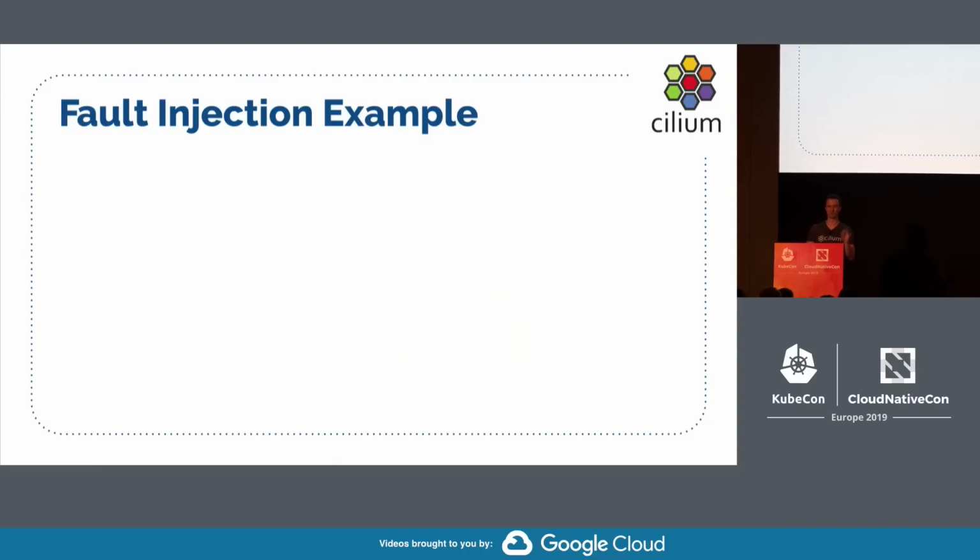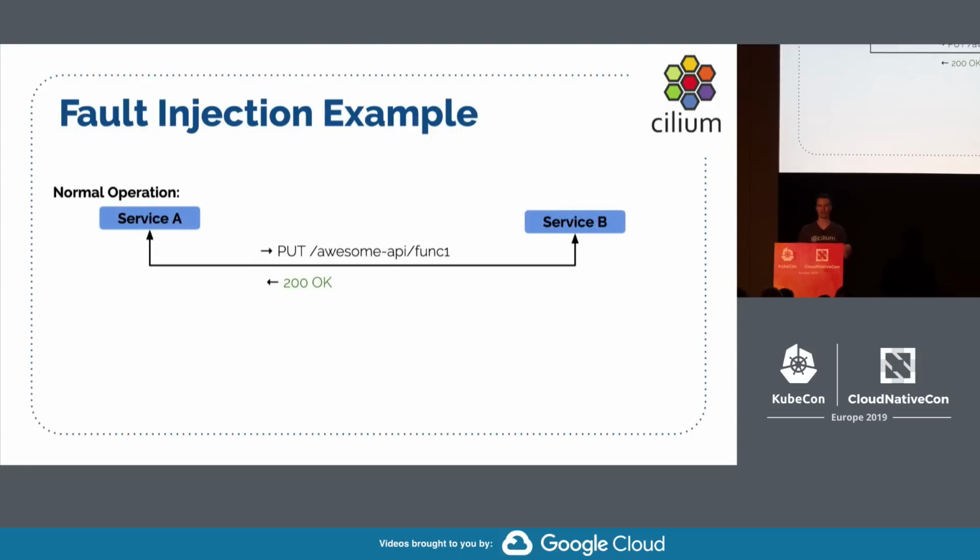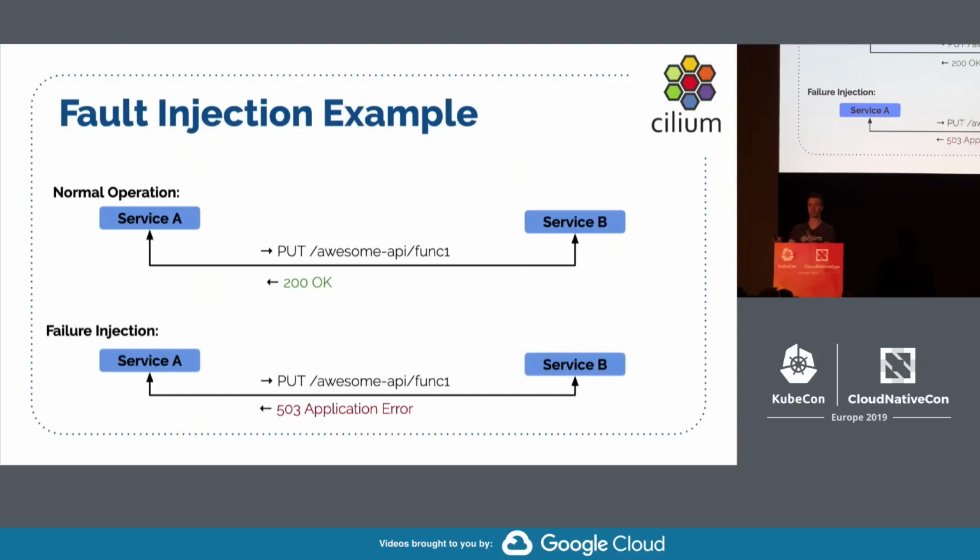To give you a very simple fault injection example for those that have never heard about it: typically, if we simplify, we have services or microservices talking to each other. In this very simple example, one service is doing a REST API call to another service and is making a PUT to /awesome API func1. Because that service is operating normally, it returns 200 OK. With fault injection, what we want is to change what is being returned, for example, return a 503 application error.